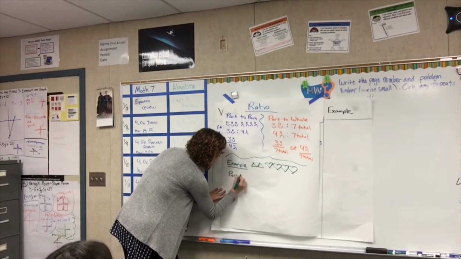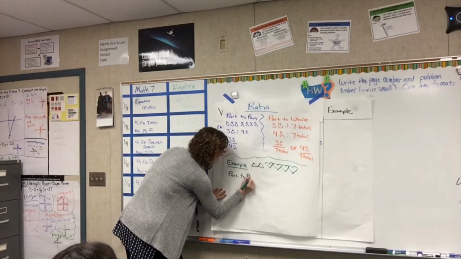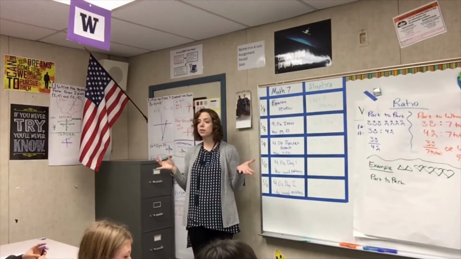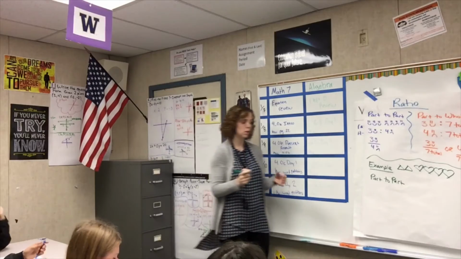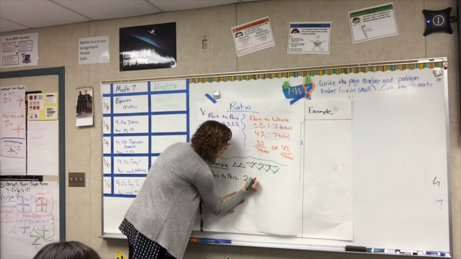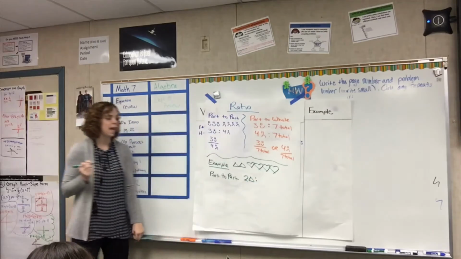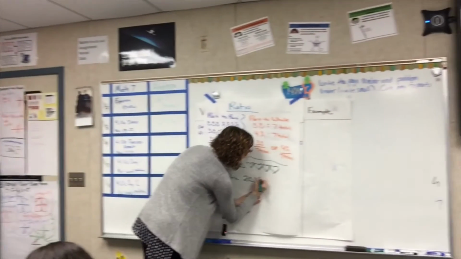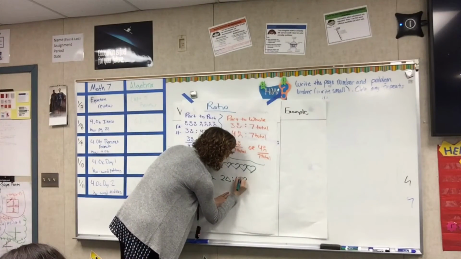Okay, so for our example, we're going to do a part to part first. Okay, so how many triangles do I have? Yes. 2. 2 triangles. So I have 2 triangles. And I'm going to put a little colon there. And how many hearts do I have?